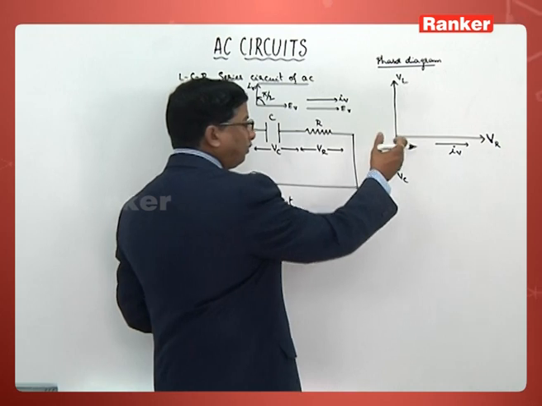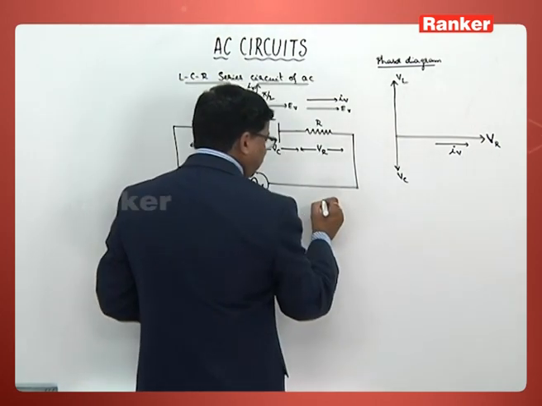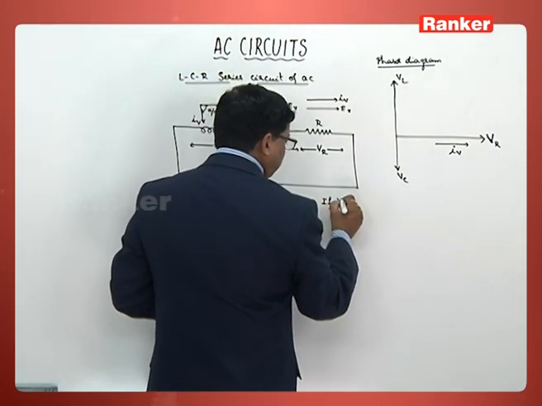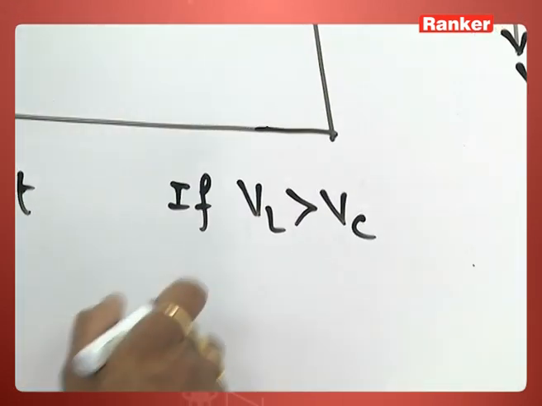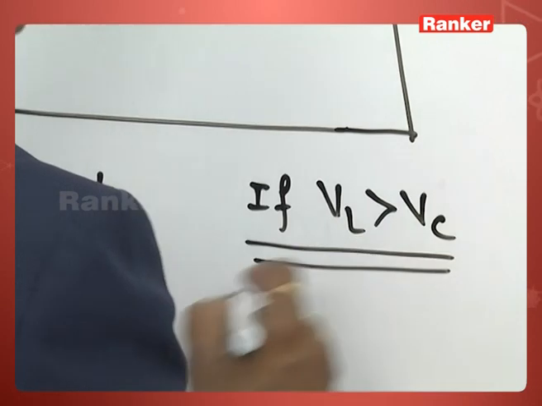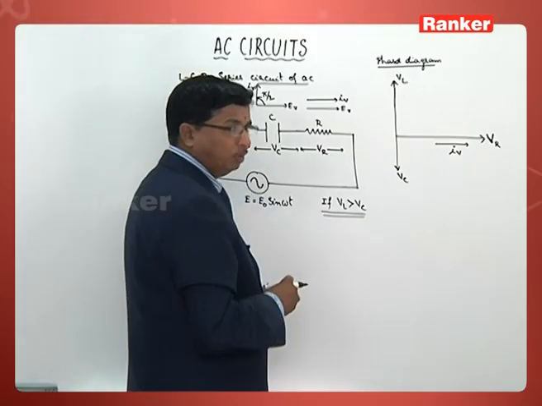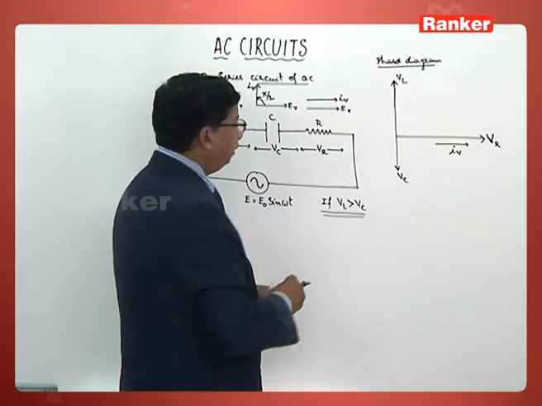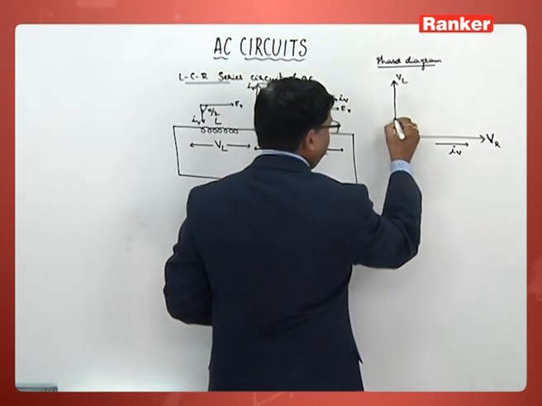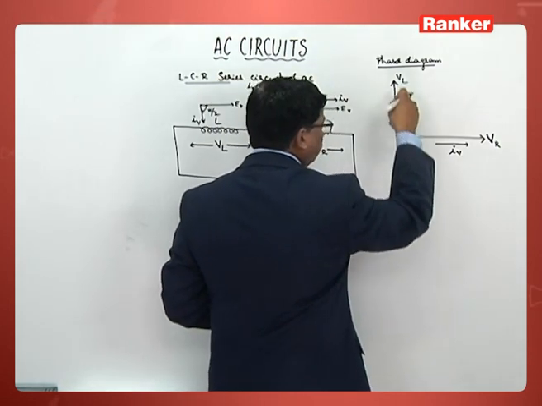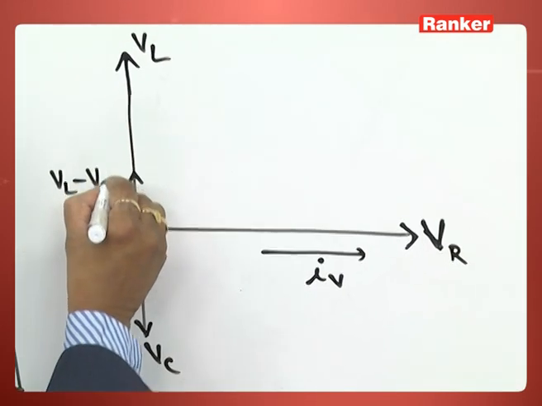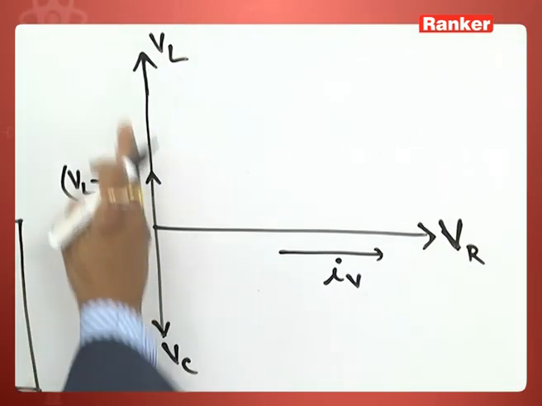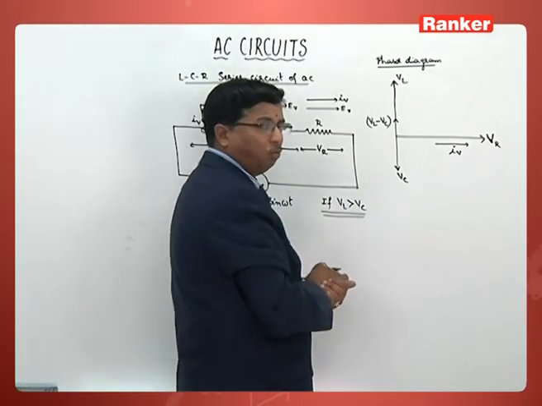So what we can understand from this one is, if VL is greater than VC, that is the condition for what we are writing the corresponding equations now. If VL is greater than VC, the resultant of these two values, VL minus VC, that will be along the direction of VL upward.